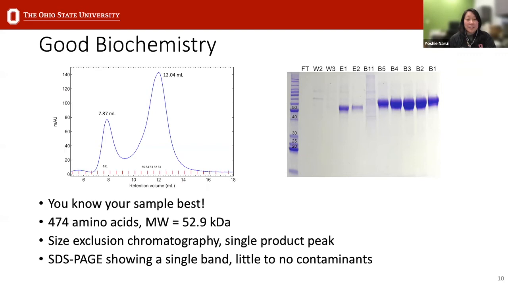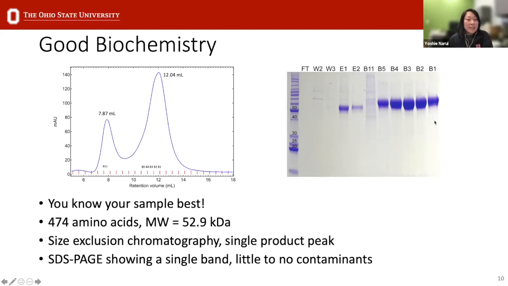Here I've included an example that I did in my postdoc, which is a 52 or 53 kilodalton protein. This is a size exclusion curve that shows it does have some aggregate at around 7.8 ml, but then you have a nice clean product peak at 12 ml. And the gel shows clean bands in B5 through B1.